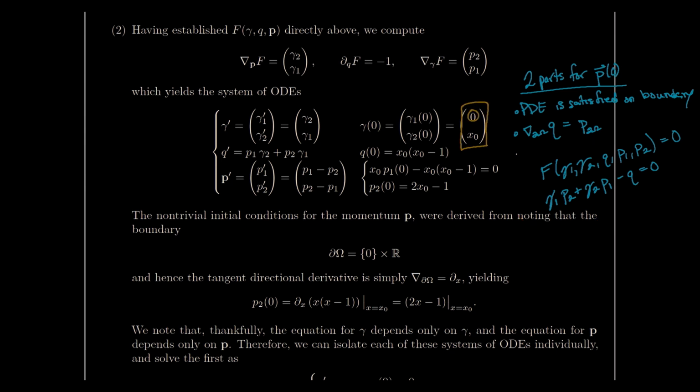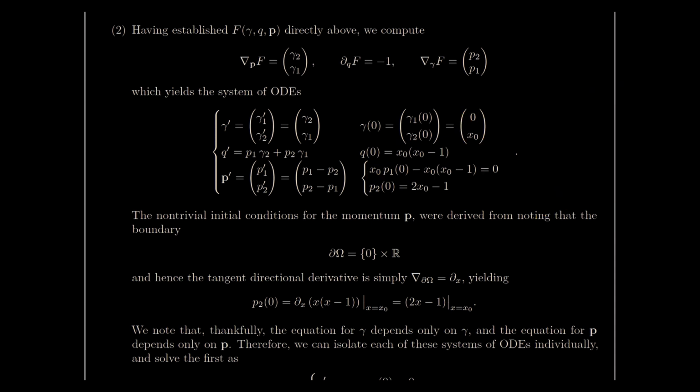Gamma 1 is 0, gamma 2 is x0. Moreover, Q on the boundary is right there. Q has to be x0 times x0 minus 1. Now that I've plugged all those values into my PDE, what do I get? Well, there's a 0 term that doesn't show up. I get x0 P1 minus x0 times x0 minus 1 equals 0. So that's where this line comes from. It comes from me just plugging these into the PDE and seeing what shows up.